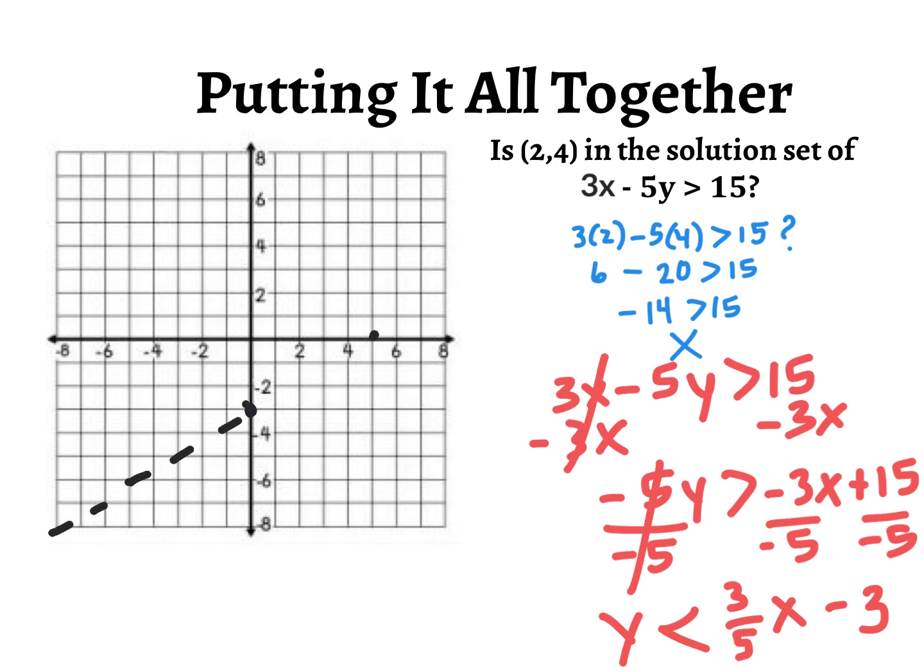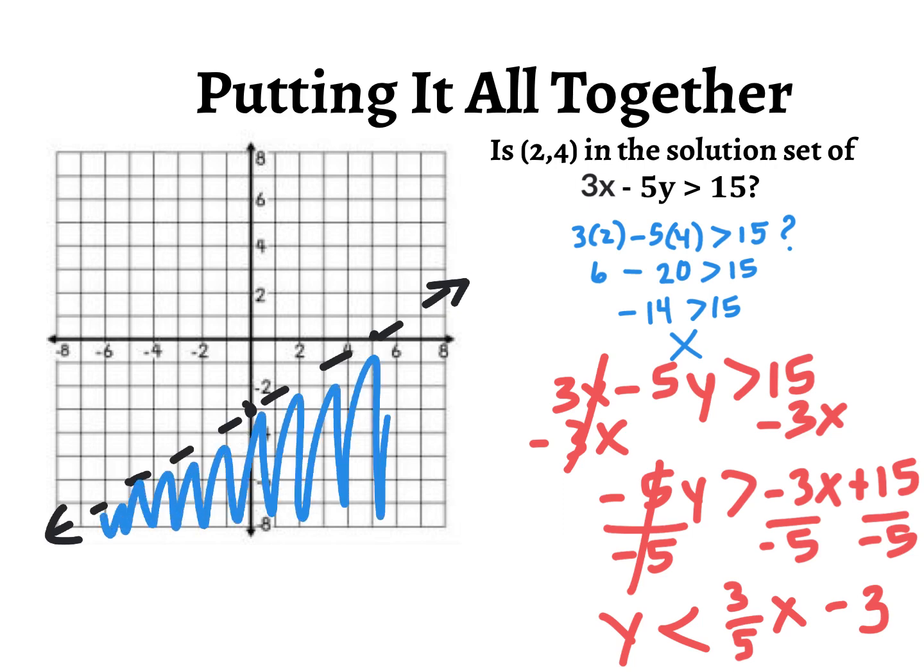So I'm dealing with the dotted line. And because it's less than, I'm going to shade everything below the line. This will be part of my solution set.